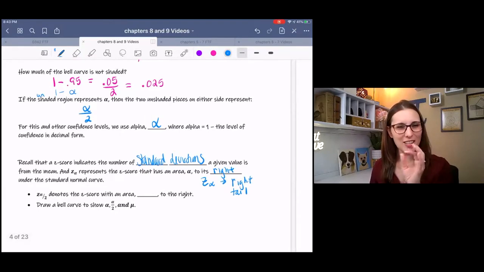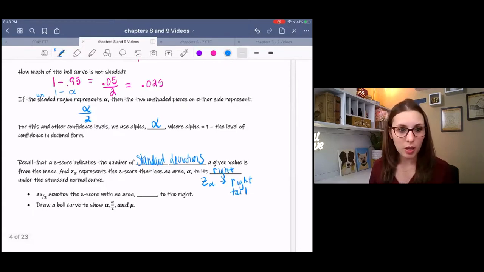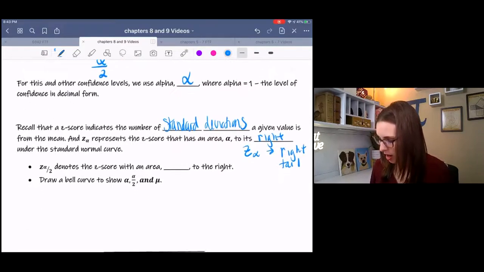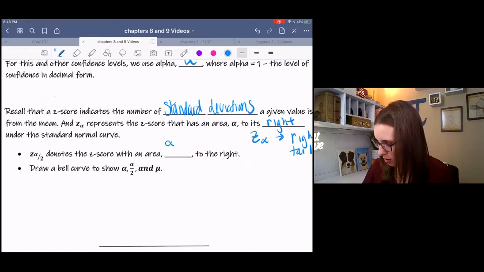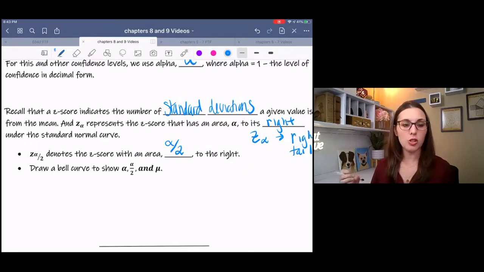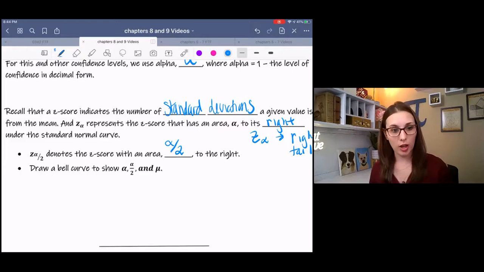It's kind of hard to keep straight, but if you draw a picture whenever you're given information about the curve, it really helps. Z sub alpha over 2 denotes the z-score with an area of alpha over 2 to the right. So z sub alpha over 2 is the z-score associated with that area.